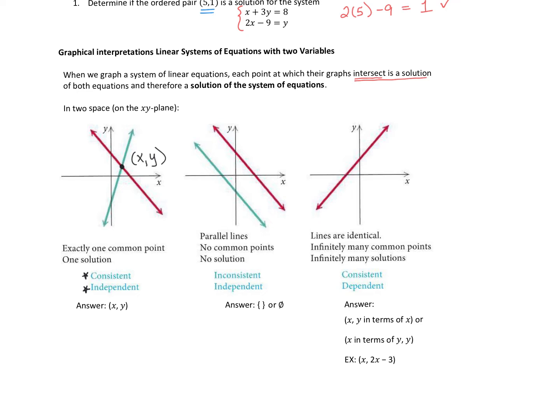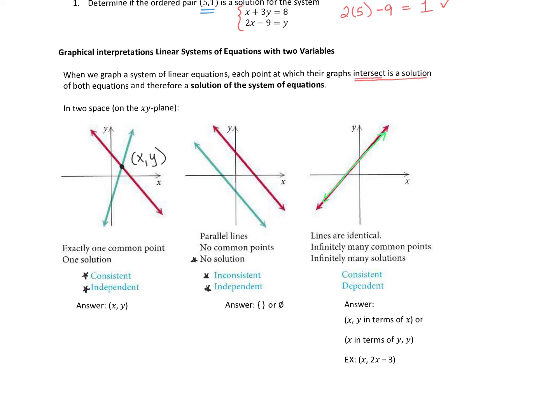The other thing that could happen is that the lines don't cross. And if they don't cross, then there is no solution because there are no common points. We call that an inconsistent system. And these are also two independent lines. They're different lines. The third thing that could happen is that you really have one line directly on top of another line.